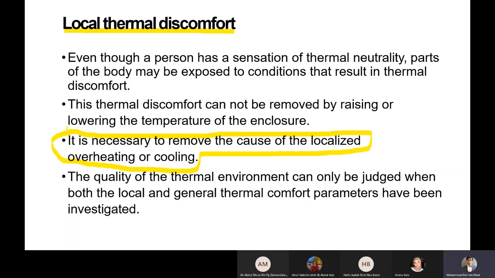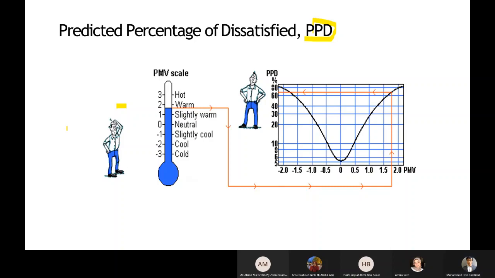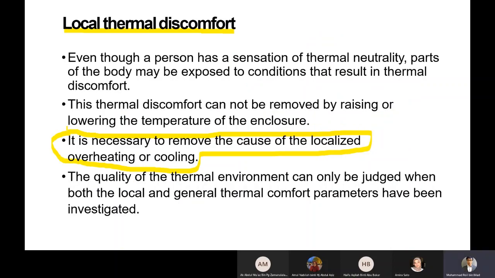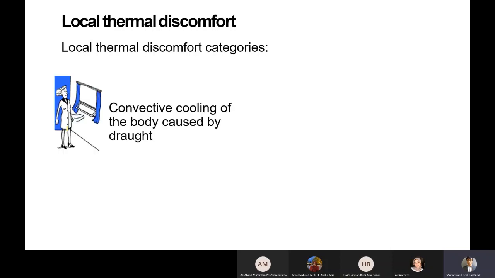So we say the environment is comfortable when the vote is neutral and you don't feel any local discomfort. Therefore, categories of local thermal discomfort. The first one is convective cooling of the body caused by draught.